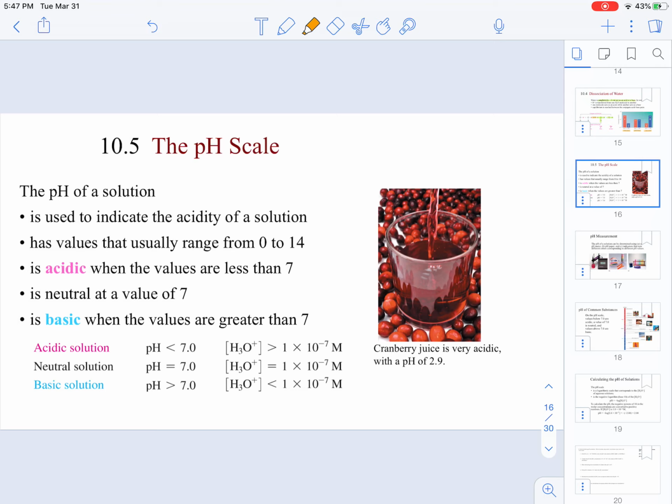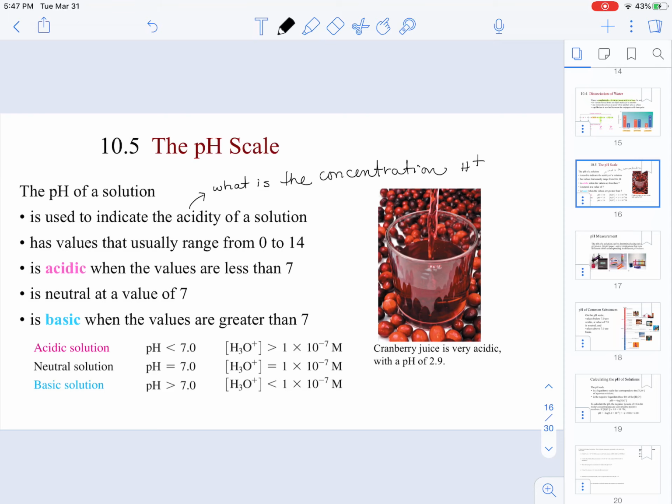So as you can see, by definition, the pH of a solution is used to indicate the acidity of a solution. More importantly, when it comes to pH, it looks at the concentration of H+, in other words, protons in the system.